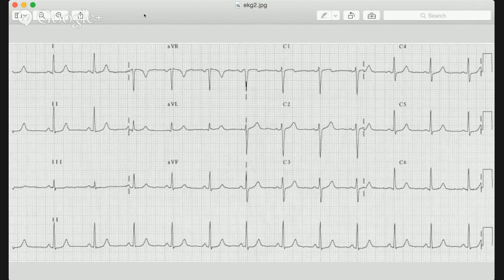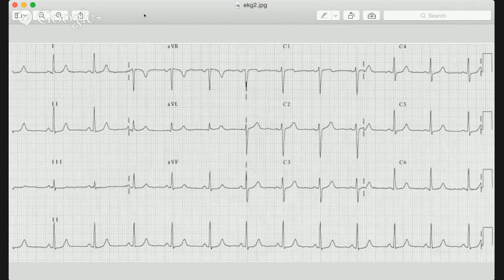Okay. And while looking at these, do you see any presence of inverted T waves, meaning T waves not in the same direction as the QRS? I don't either. So we'll say there's no presence of inverted T waves.